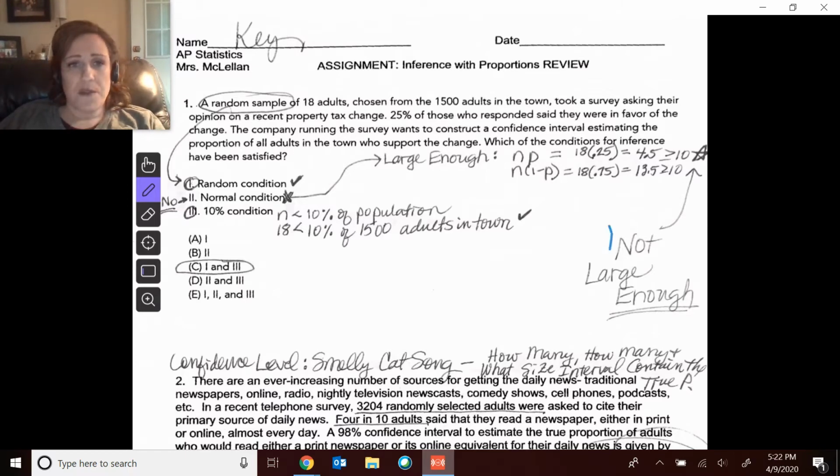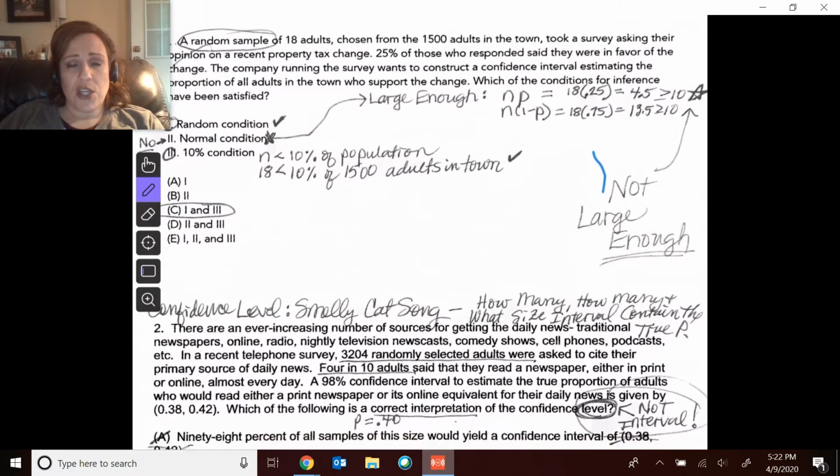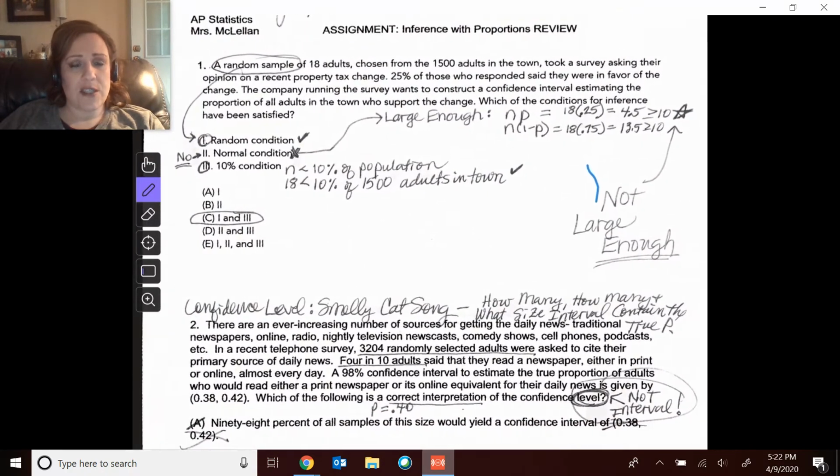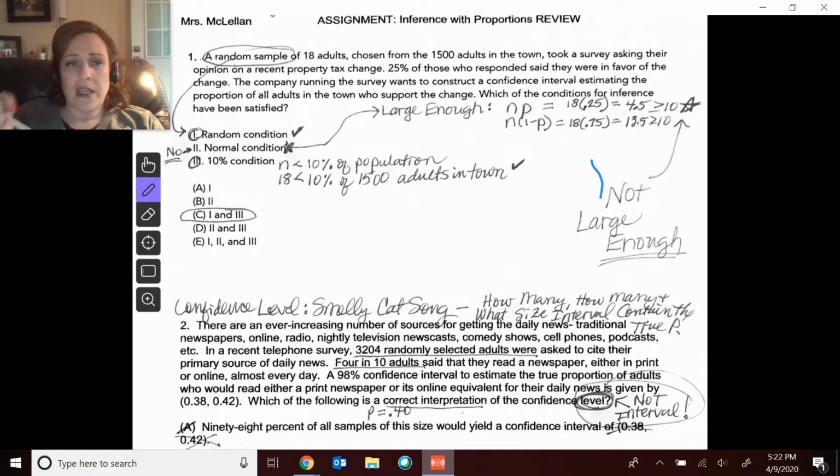On this problem here, you can see that we had our conditions. It asked which of these conditions are satisfied. Random is satisfied. It stated it right here. The large enough was not satisfied. This quote unquote normal, that's what we're doing with our large enough, is to see if it was large enough to give us a sampling distribution that was approximately normal.